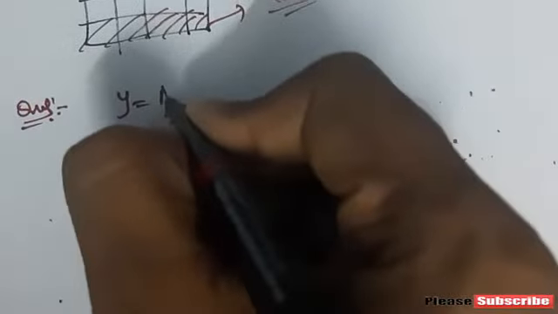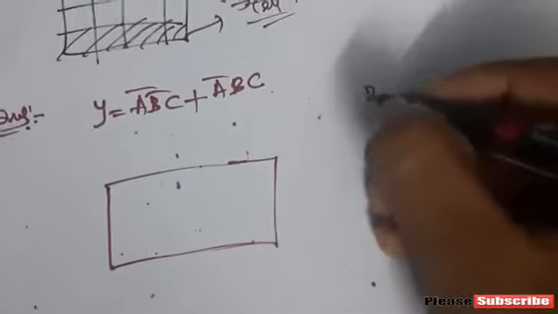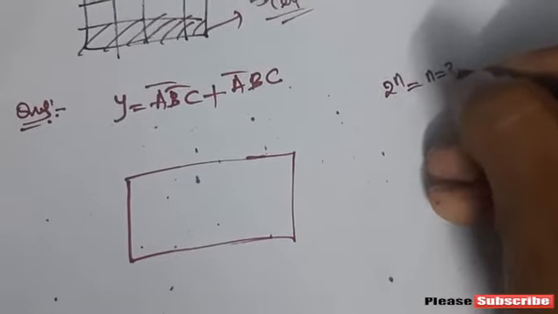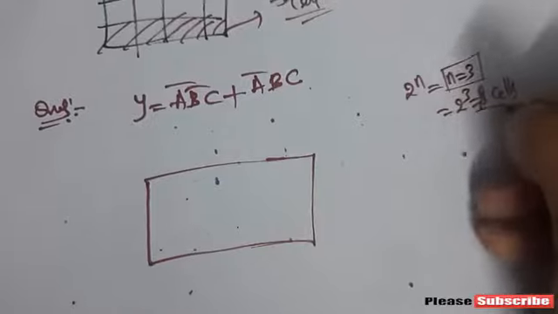Small question: Y is equal to A bar B bar C plus A bar B C. Let's see, 3 variables means 2 power n, n is equal to 3, 2 cube, that is 8 cells.